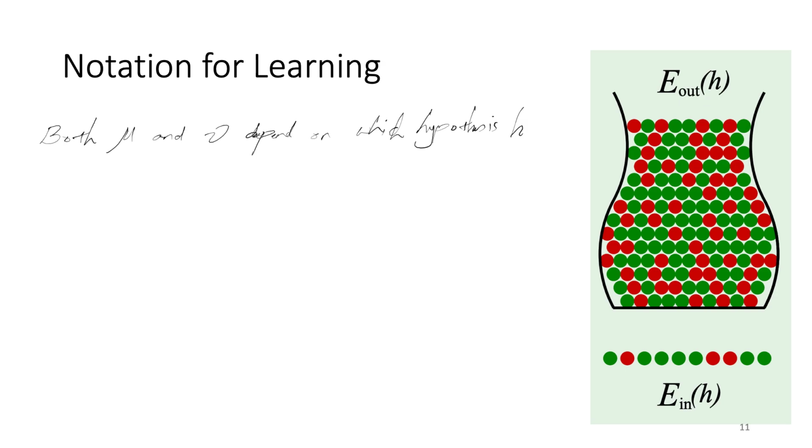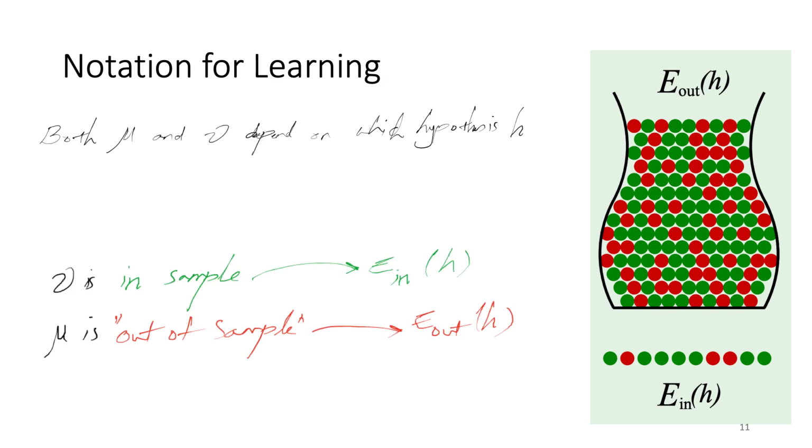So both nu and mu depend on which hypothesis you choose, and in the learning notation we call this one in-sample error. We define it later in the slides. We call this out-of-sample, so E-out.